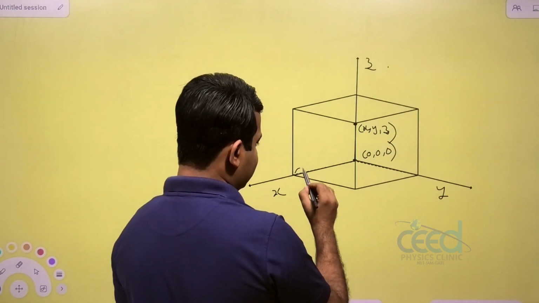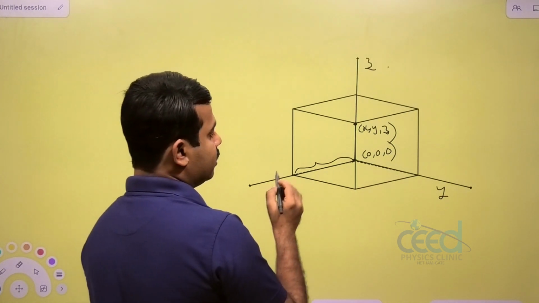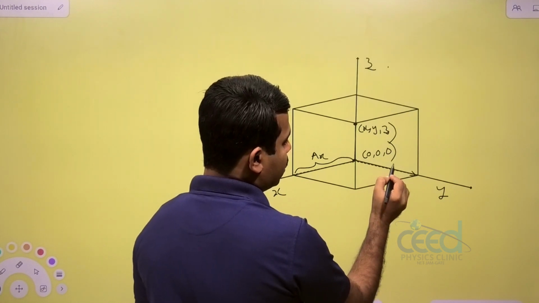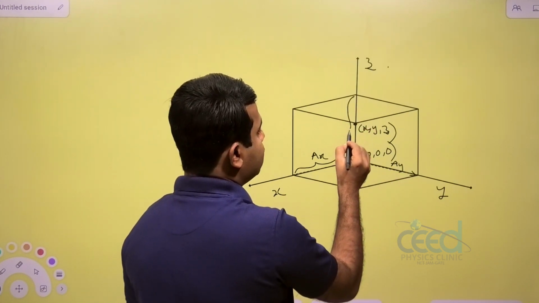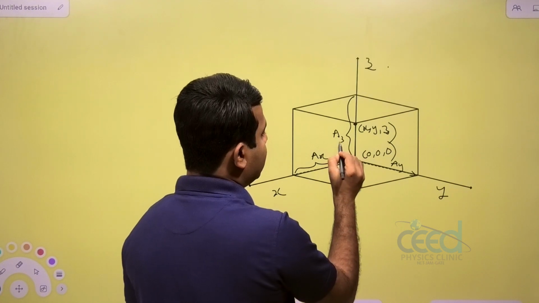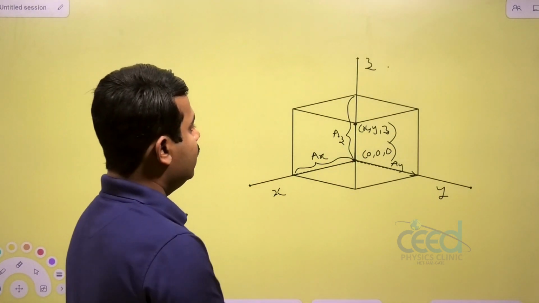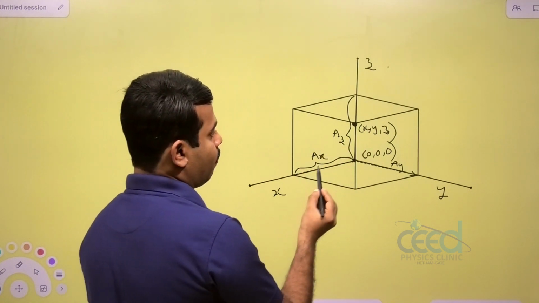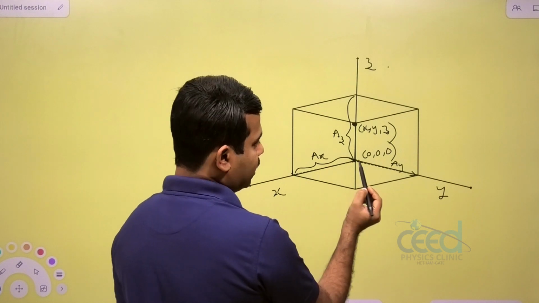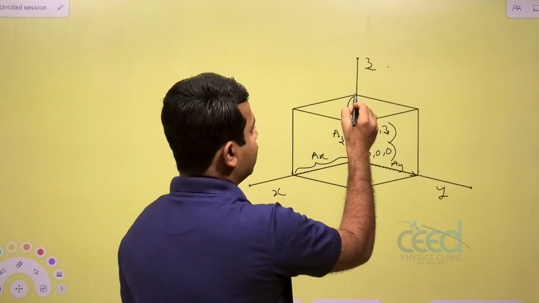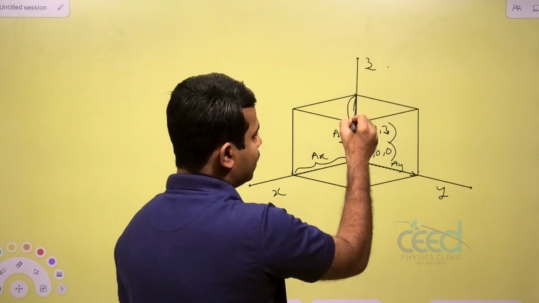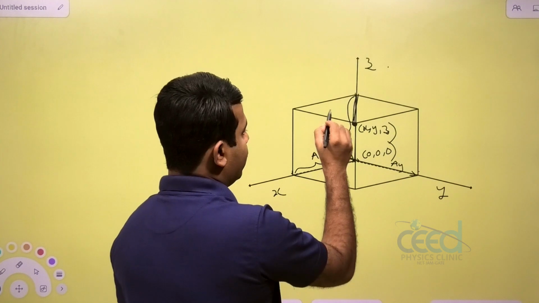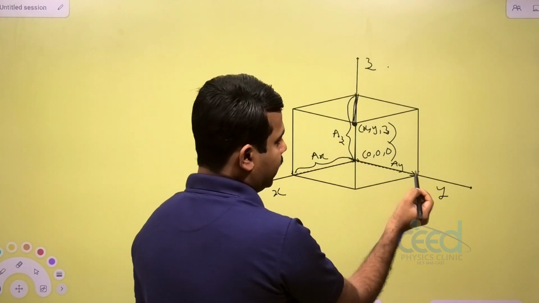Now suppose this length I am representing as ax, this as ay, and this z axis length as az. Now how do I represent this point? It has ax, ay, and az. From the z axis this point is at a distance az, from the x axis it is at a distance ax, and here ay.